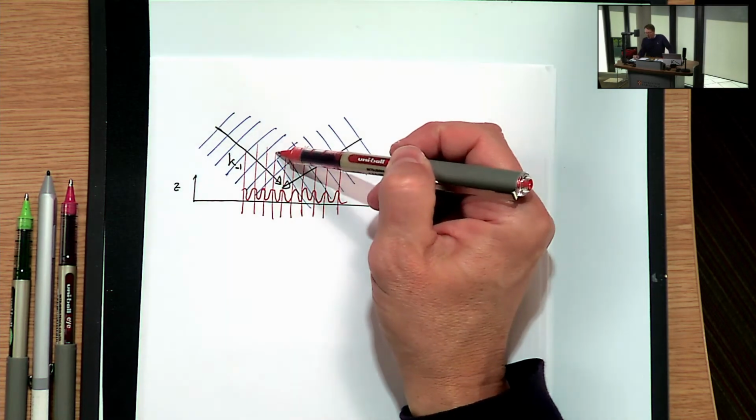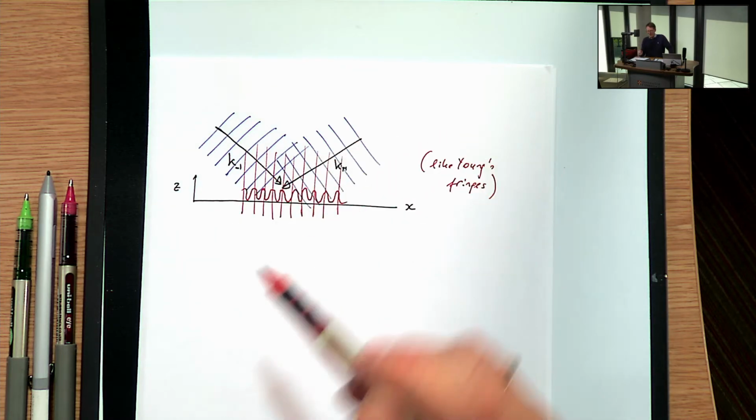And in fact, you have no modulation along Z with this arrangement.